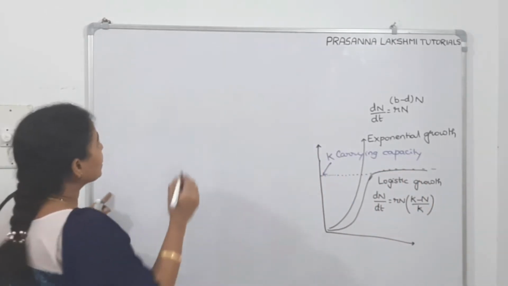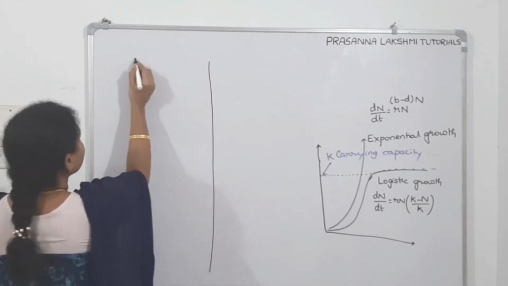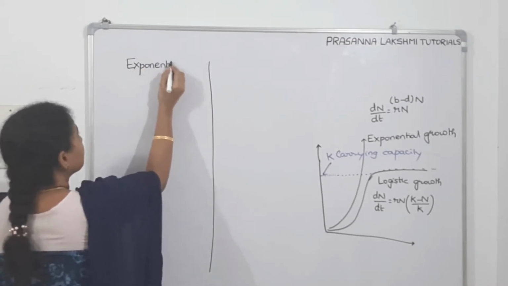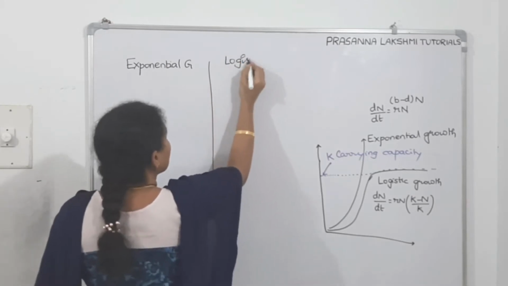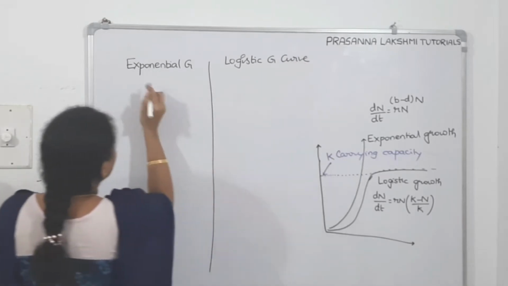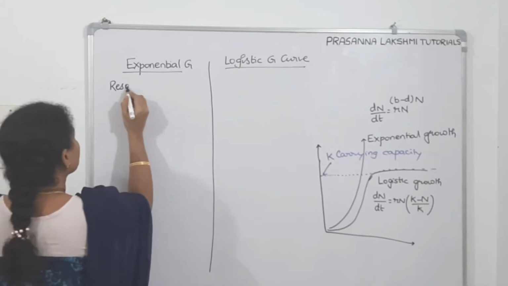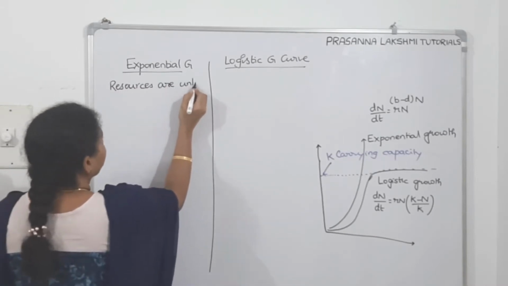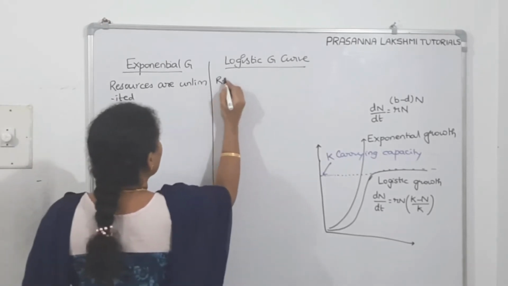Now we will try to understand better by making the differences between exponential growth and logistic growth curve. Now, the exponential growth curve occurs when the resources are unlimited, right? But the logistic curve occurs when the resources are limited.